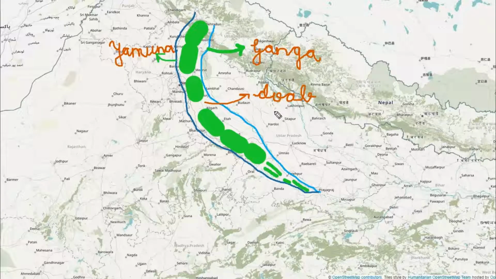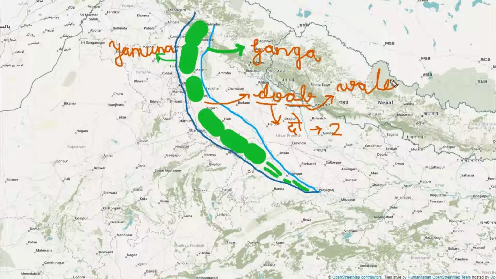And this word Doab is not an English word. It originated from a few of the Asian languages. We can see here Do, which can be written as do in Hindi, which means two, and Ab is a word of Persian origin meaning water.